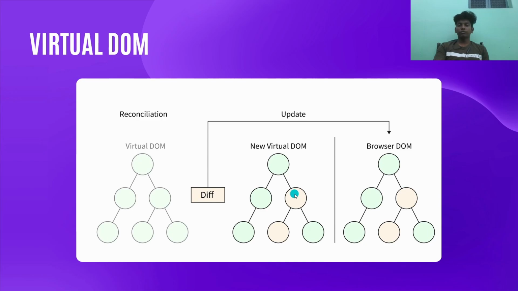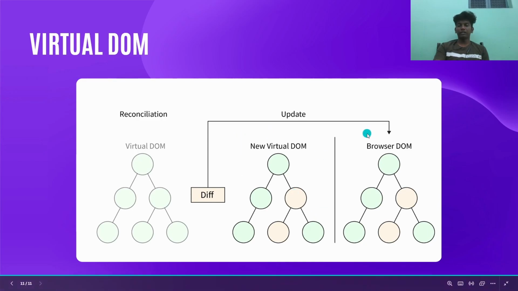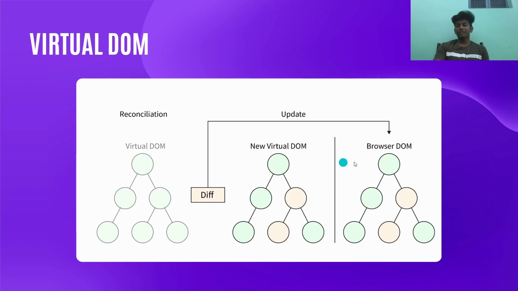Thus, instead of rendering the whole website or reloading it again, we can simply update these two nodes in the browser DOM, reducing the resources needed for the re-render. That's how React works, by re-rendering a few small components instead of reloading the whole project itself.